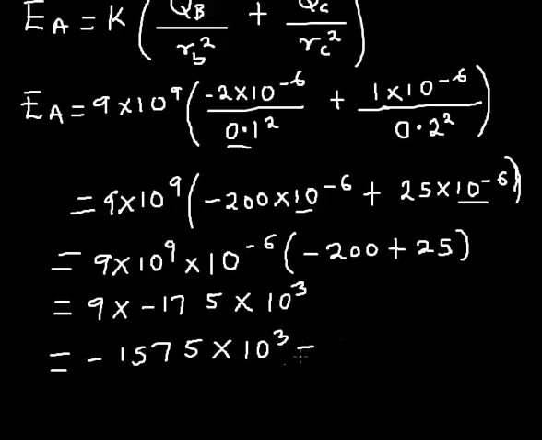You can put that in standard form, moving the decimal point 3 times: 1, 2, 3. That's 1.575. Since I moved the decimal point 3 times, I have to add 3 to the power of 10, so I have times 10 raised to the power of 6.